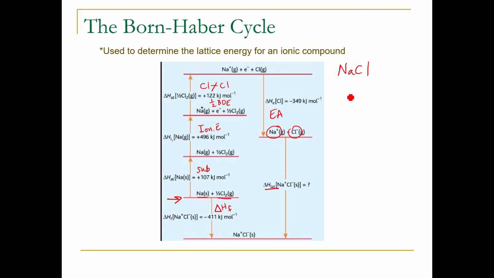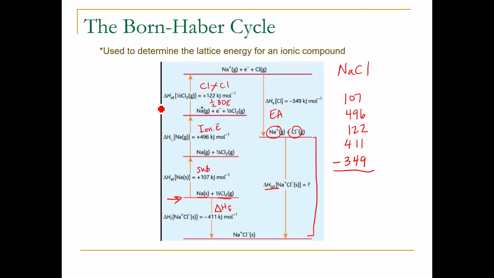I'm going to add up my 107, my 496, my 122, so moving up. And then I'm also going to add this 411. So that covers this entire distance. I'm going to subtract the 349 because it's going part way down, and that's going to give me this part.